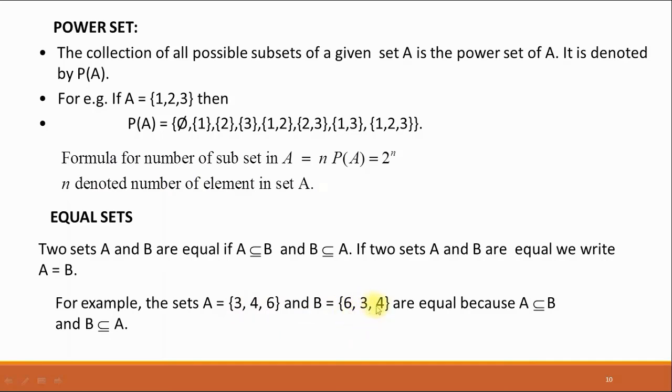They are equal since there are 3 elements in each set and the elements are the same: 3, 4, 6. Since each element of A belongs to B and each element of B belongs to A, A is a subset of B and B is a subset of A, so these two sets are called equal sets.